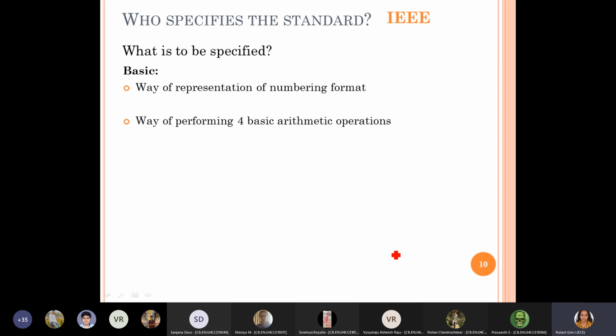One is the way of representing the number. If every company or manufacturer follows their own way of representation, then it becomes very difficult to use. So one is the standard protocol for representing the number. Once you are able to represent the number, then comes the next requirement, performing the basic arithmetic.